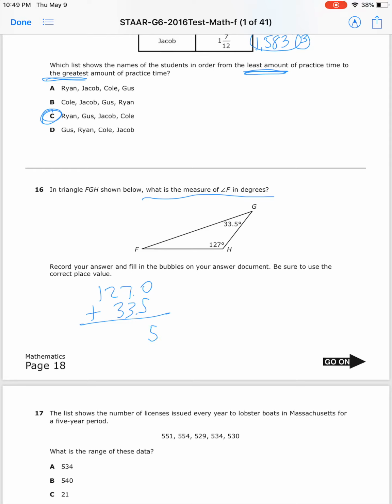A lot of us didn't do that, which gave us the wrong answer. So you should have added them together. And then we know that the total degrees in a triangle is 180. So I should have subtracted what I got from 180. That's all I had to do. So when I do that, I get 19.5. And that is my answer for that, 19.5.